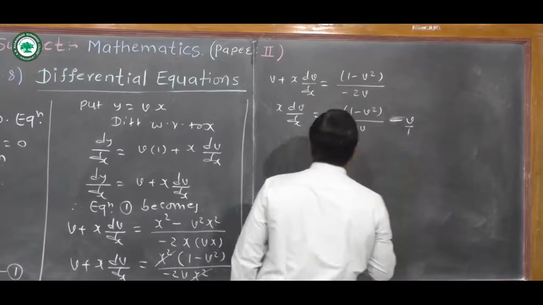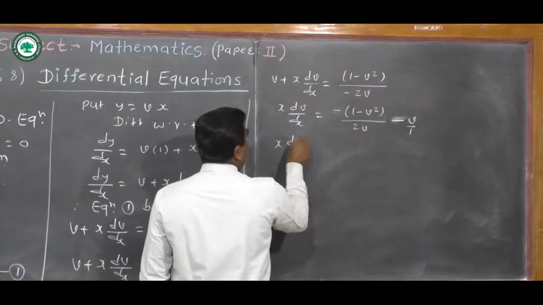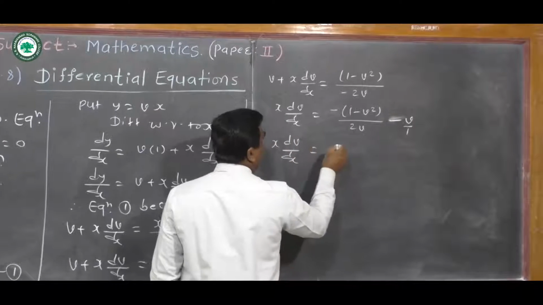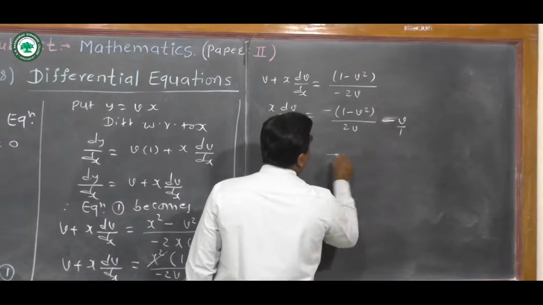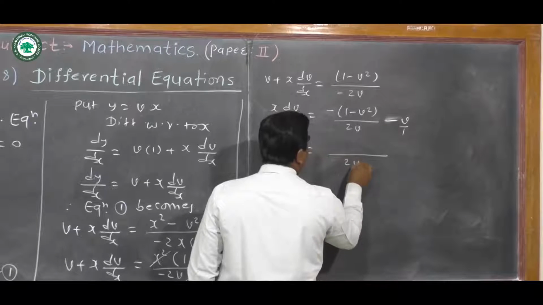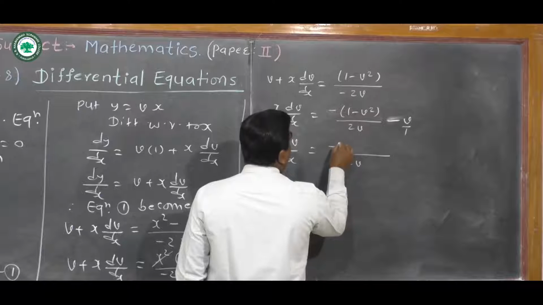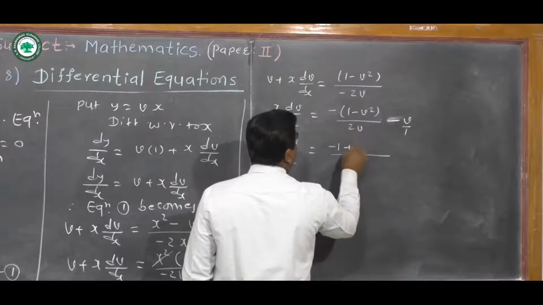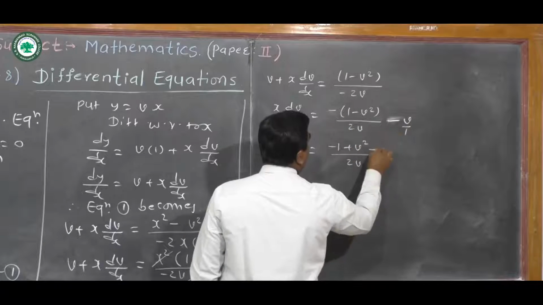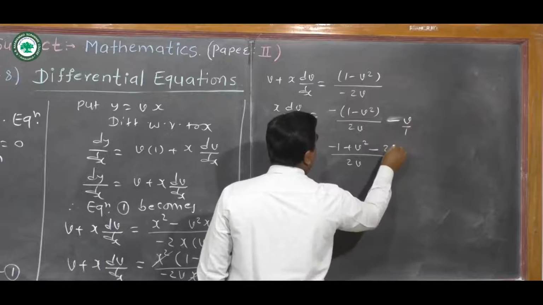Simplify this. That is, x into dv by dx equal to, taking the common denominator, 2v, 1 minus v square minus 2v into v, which is 2v square.